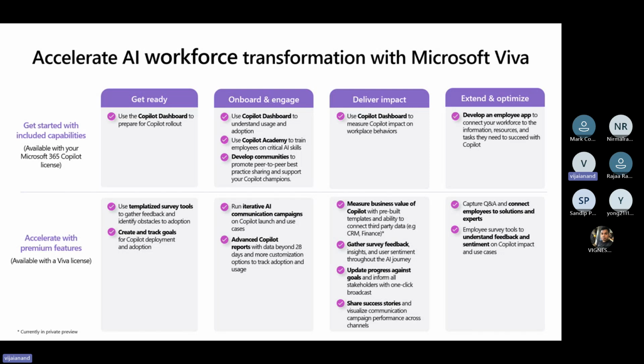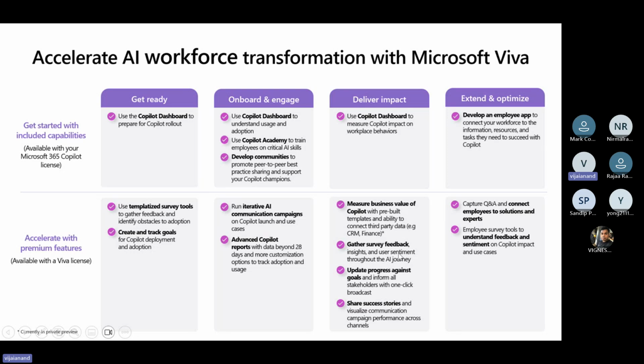And if you have the Viva license, you get premium features. You can see the different features or capabilities for each phase. For example, in the get ready phase, you have templatized survey tools to get feedback and identify obstacles. You can create and target goals. And if you come to onboard and engage, there are iterative communication campaigns on the Copilot launch and use cases.